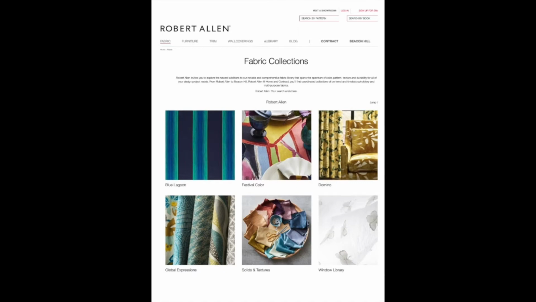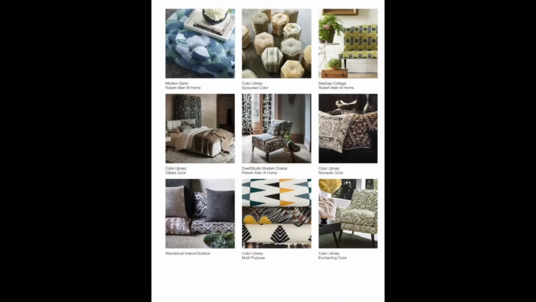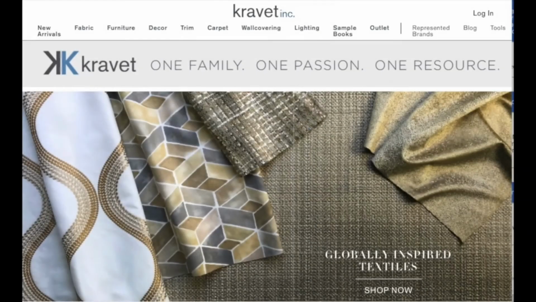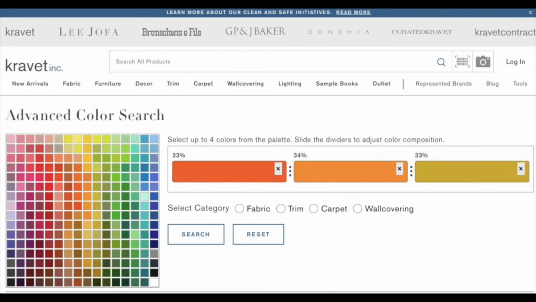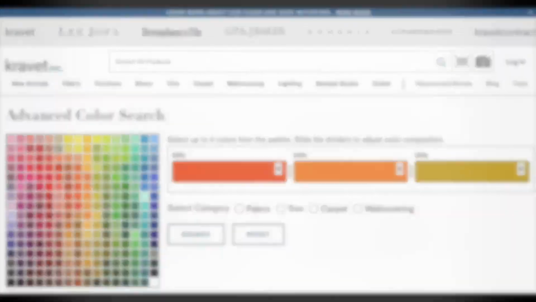On these sites, the students can browse thousands of fabrics in all patterns and colors, search for specific designs, and then print them out, preferably in color. They can blow them up, they can experiment with the scale, and then they can incorporate the printouts into their presentations or their mood boards.